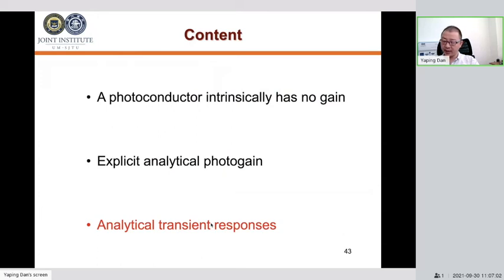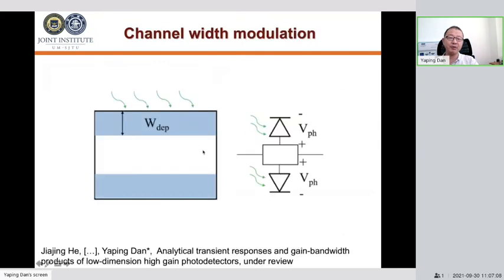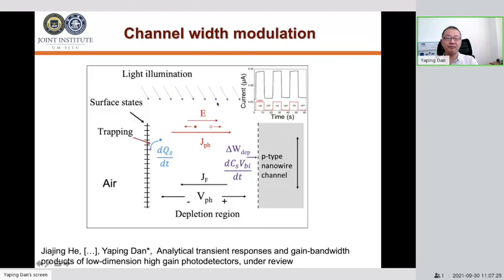Now let's come to the last part of this theory, the analytical transient responses. Based on the same model, the light illumination causes the depletion region to narrow down and the channel width to expand. So based on this theory, we can derive the following transient process.